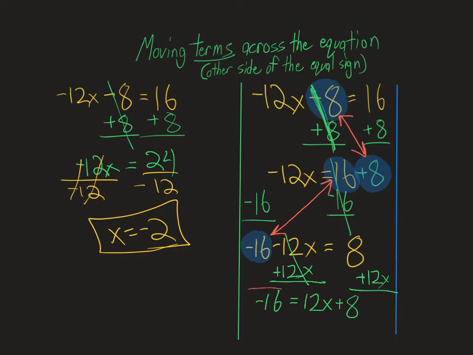We moved all 3 terms, and we just have the exact same equation, but everything is flipped to the opposite side. The -12x moved across, it's now +12x. The -8 moved across, it's now +8. And the 16 moved across as well to become -16. So let's go ahead and solve that and see what happens.